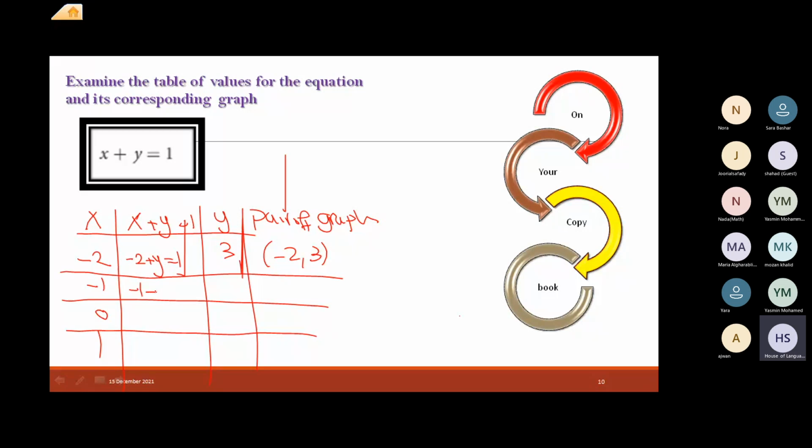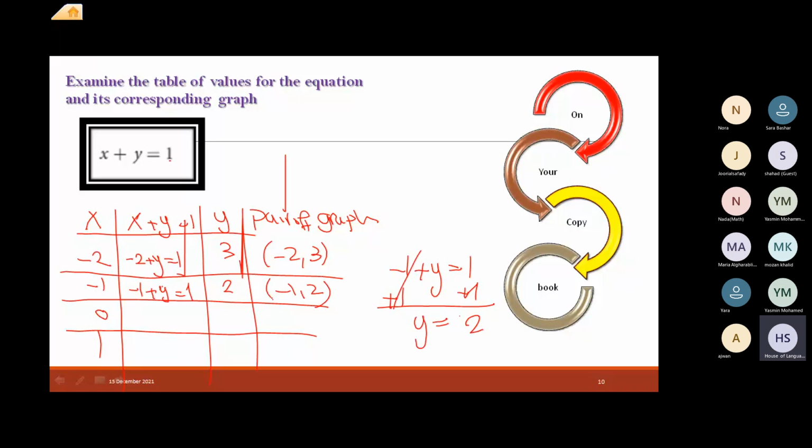Bravo. -1 plus y equals 1. What do you have to do next? Bravo, add 1. Why add 1? Because what is here is negative, so you put the opposite of it. So y is 1 plus 1, 2. So it will be -1, 2. This is the second point.